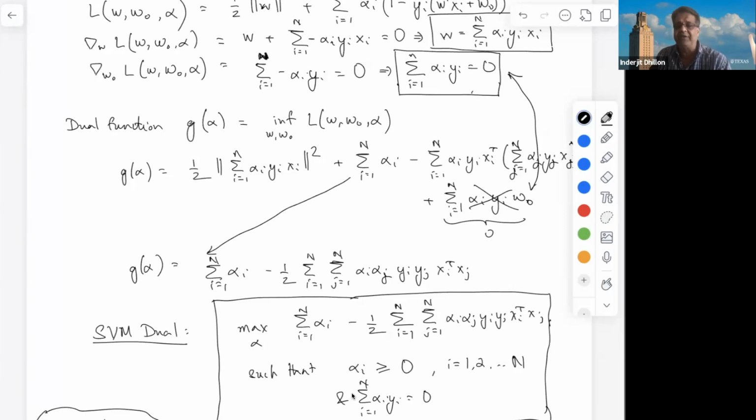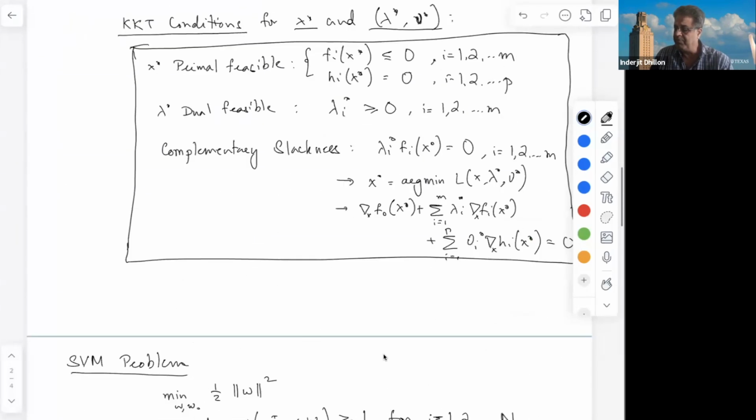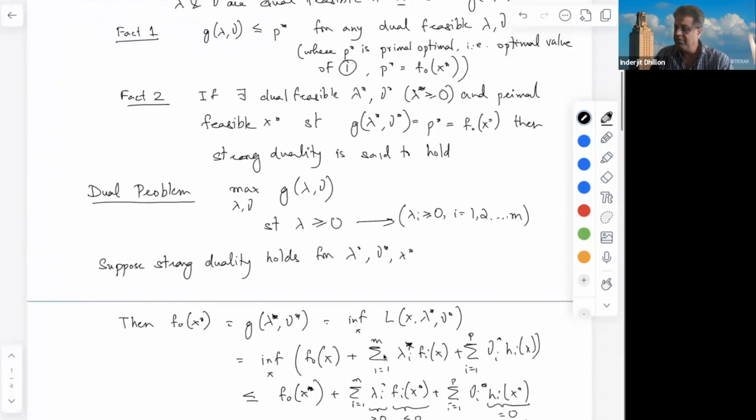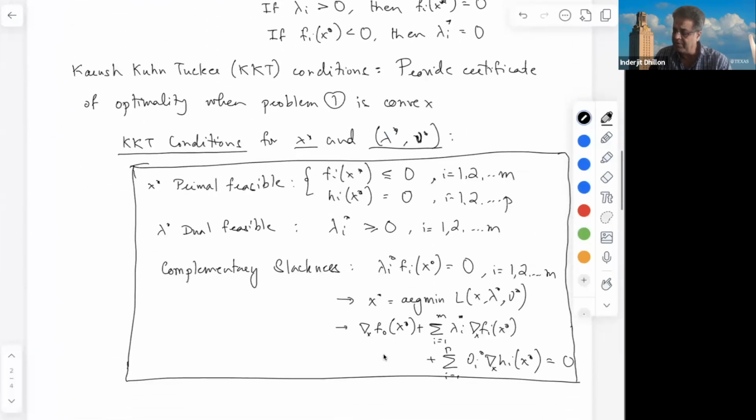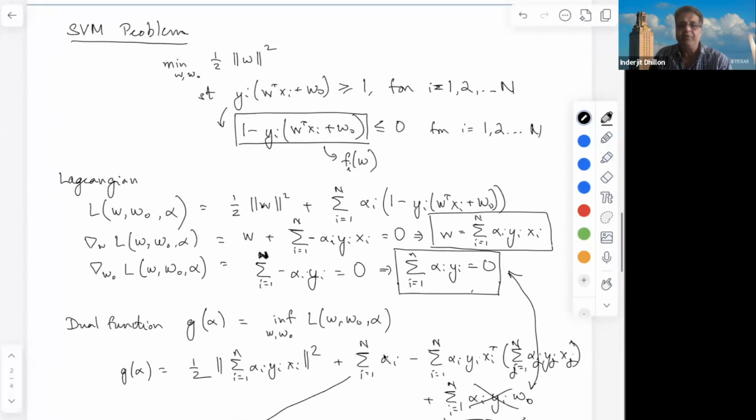And one of the first things that they realized is that you wanted to solve this problem, not this problem, but this problem for very large data sets where N is very large.